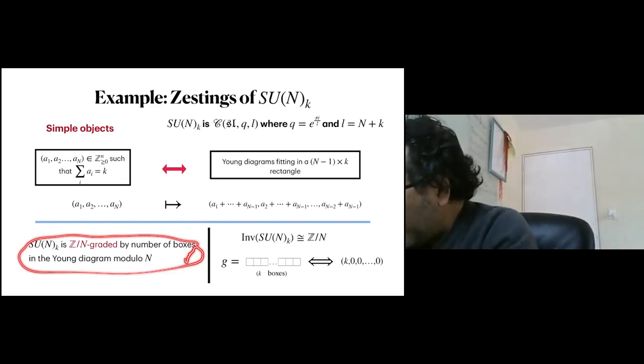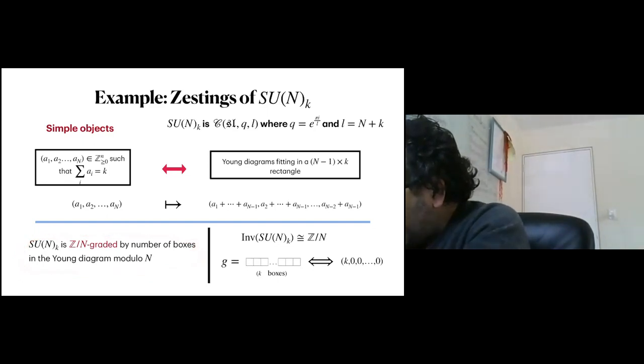Also, it is well known that the invertible objects for this fusion category form a cyclic group of order N. And there is a concrete description in terms of this parametrization, which corresponds to this Young diagram.